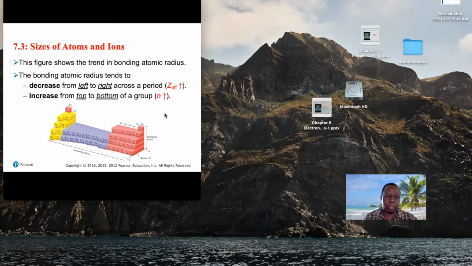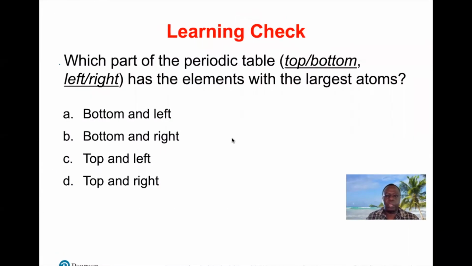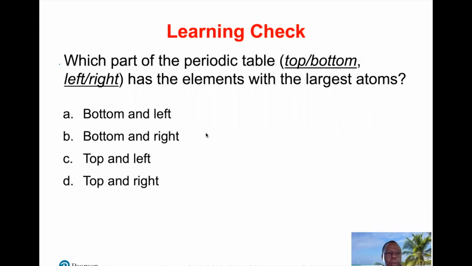So that's the general trend on the atomic radius. This is an example you may see in the exam: which part of the periodic table, top or bottom, left or right, has the element with the largest atoms?